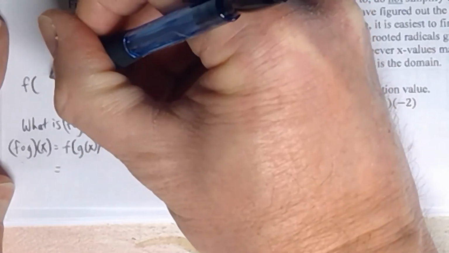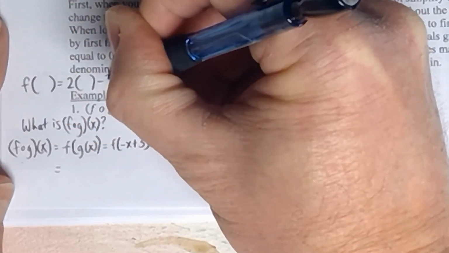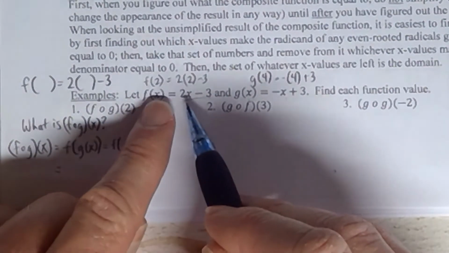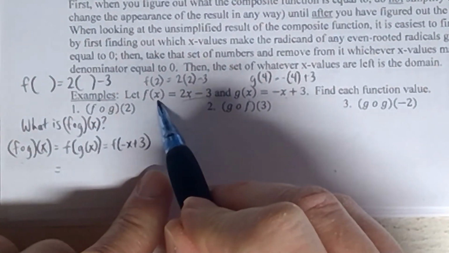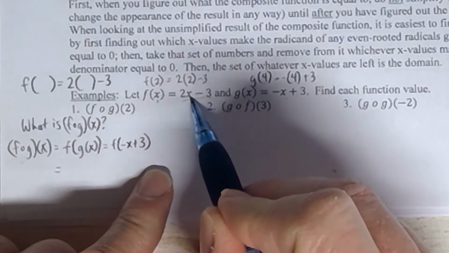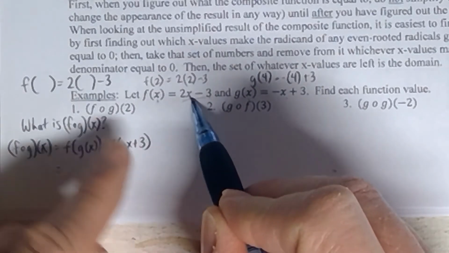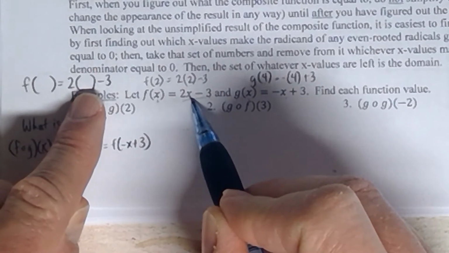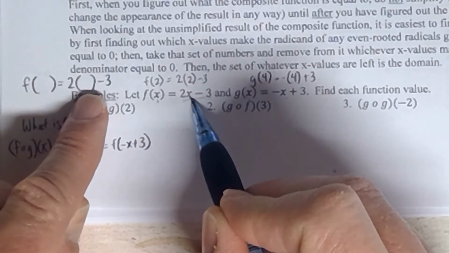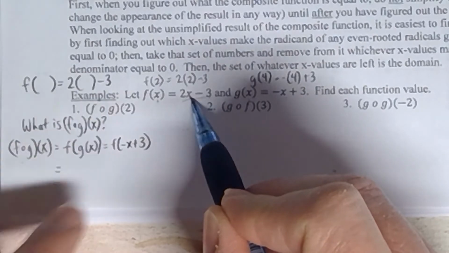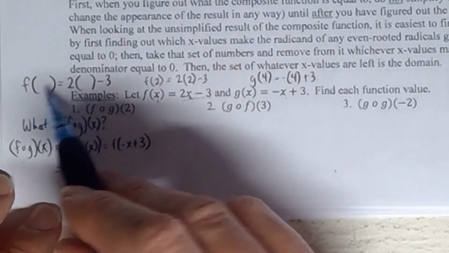F, whatever's inside that parenthesis, goes inside of this parenthesis over here, because that's how it works. Remember, we said that whatever goes inside this parenthesis goes here. But whenever you plug something into a variable, you got to use an empty parenthesis so that it gets plugged in correctly. And so that's exactly why I wrote it like this.